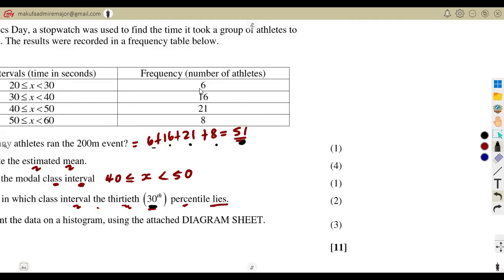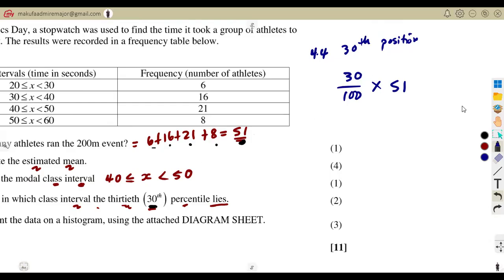Percentiles are percentages. We are now referring to the percentages. So the first thing is positioning, like I said. So the 30th percentile positioning means what? 30 over 100 in terms of percentage times the distribution. What is our distribution? Our distribution is 51. There's no need for us to add one.